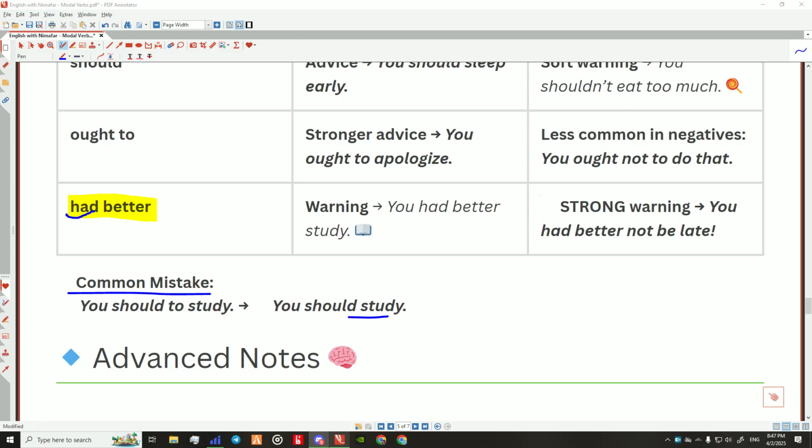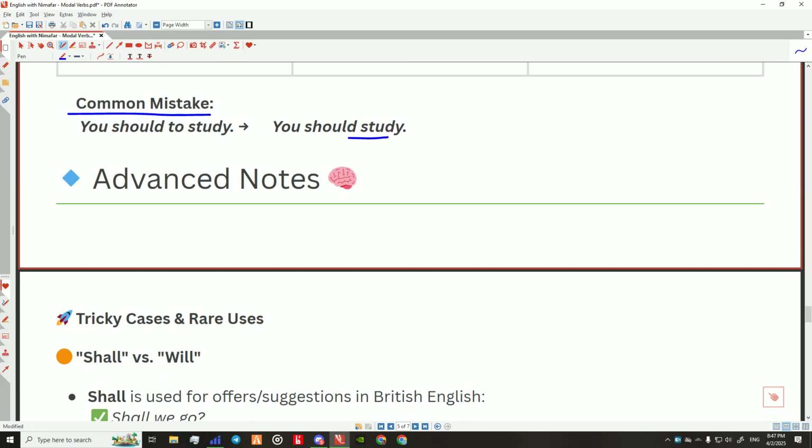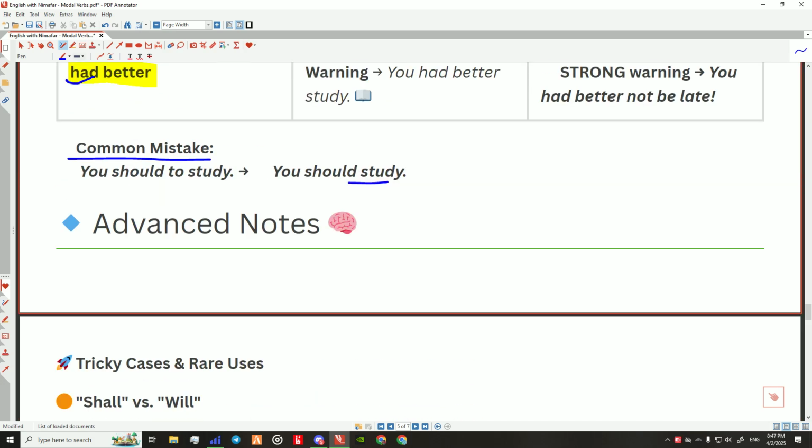Correct. Okay. Let's have some advanced notes. We have shall and will. So it's good to know. I will study and I shall study.